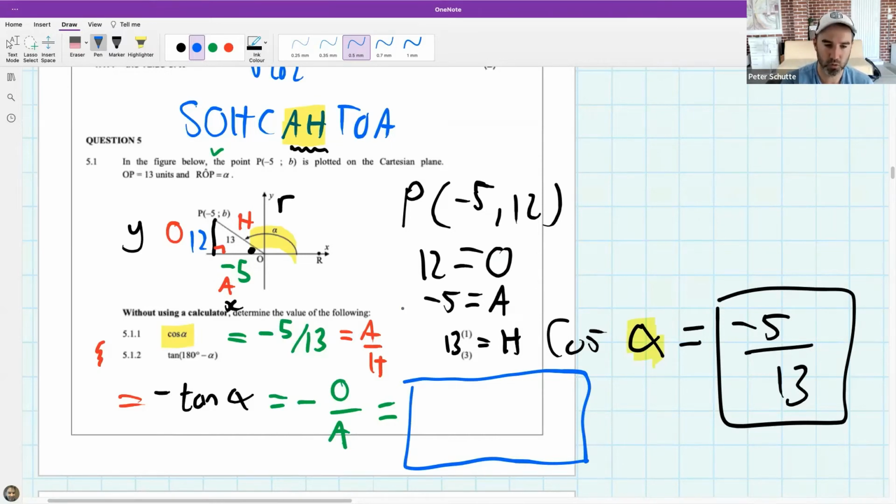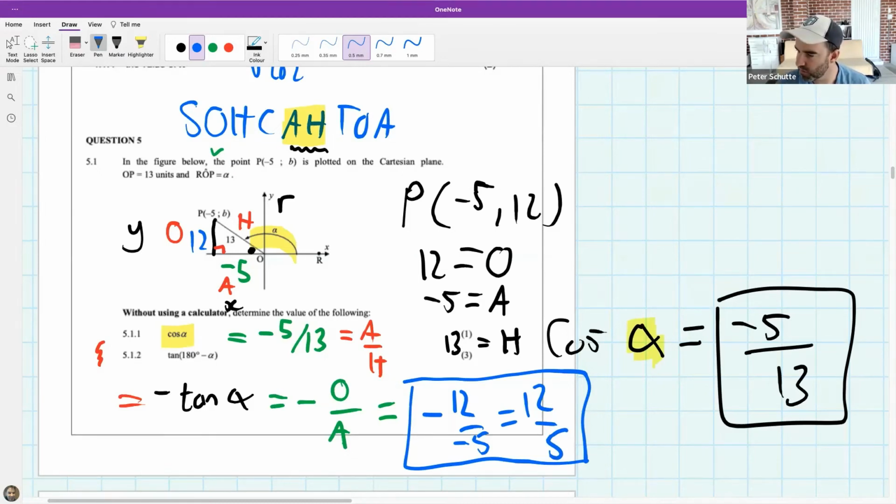Okay, so you have to substitute in. You get minus, and then you have O was 12, and then you have A is minus 5. Oh, guys, but you have a double negative here. So you have minus 12 over minus 5. So you end up having 12 over 5.